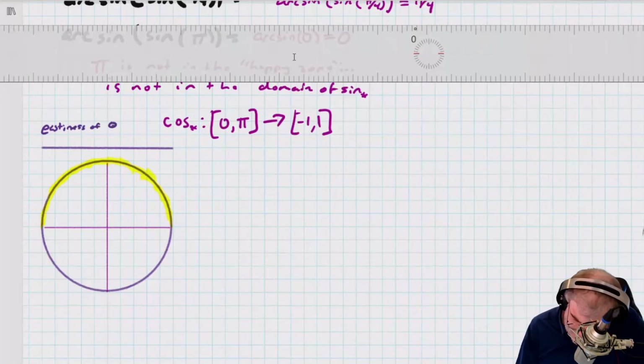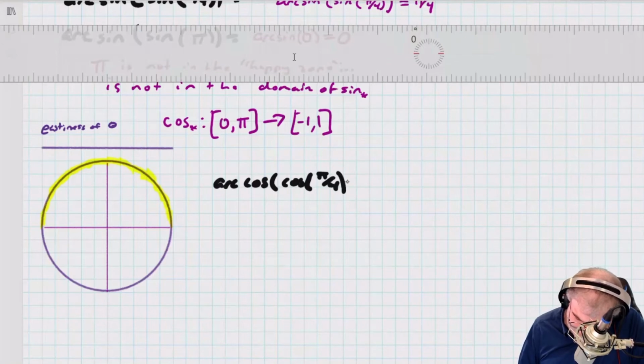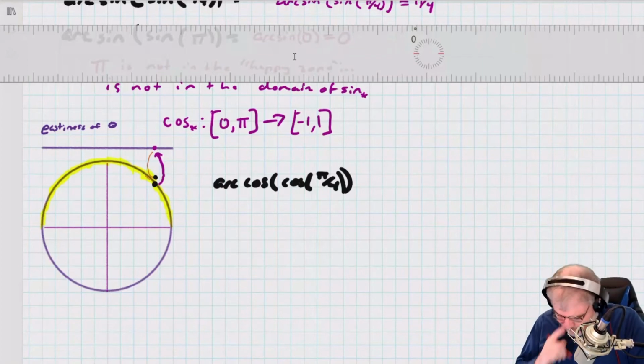So let's look at this problem here. Let's say I've got the problem arc cosine of cosine of pi over 4. Well, pi over 4 is here. Its eastiness, cosine is going to take me here. And arc cosine, because I'm in the happy zone, is just going to take me back.